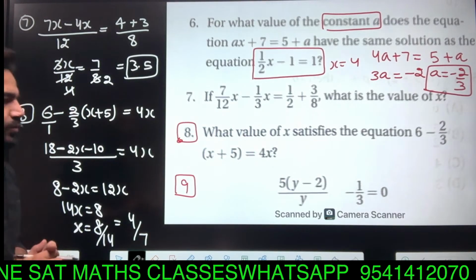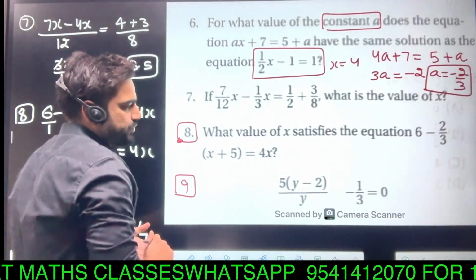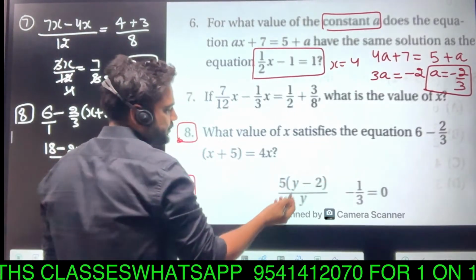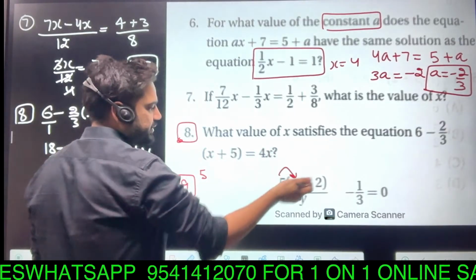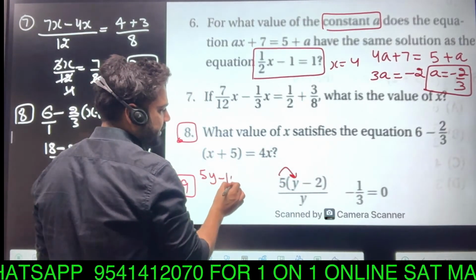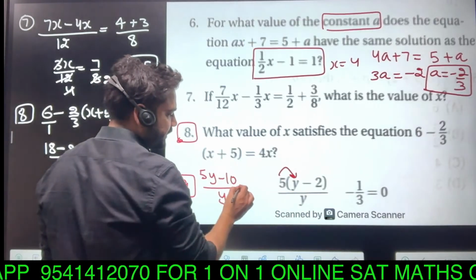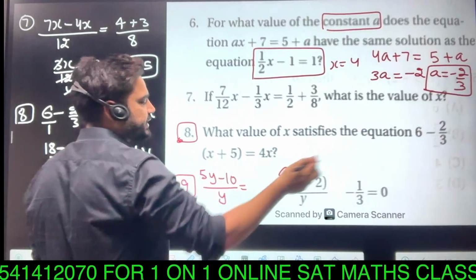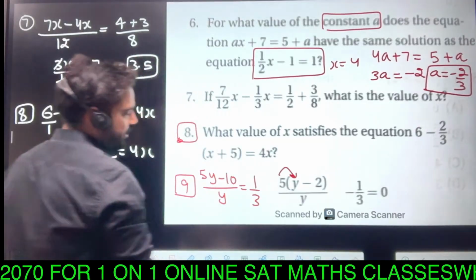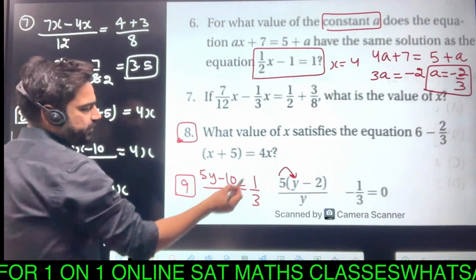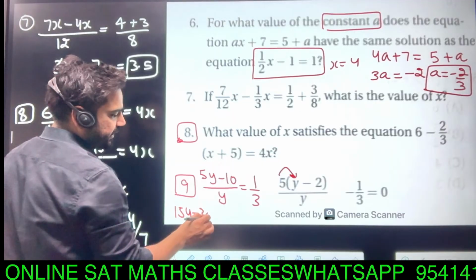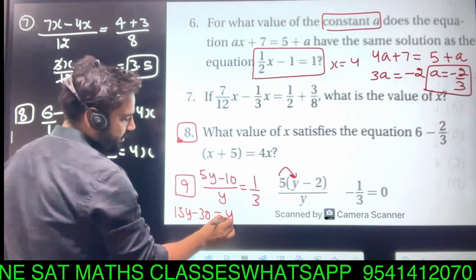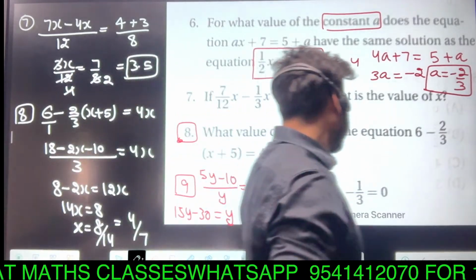We will solve the question here itself. In this question, multiply this 5 inside. 5y minus 10 upon y is equal to, this minus 1 by 3 will go that side, it will be plus 1 by 3, and now 3 will come here, y will come here, it will be 15y minus 30 is equal to y. Now this is very easy to solve.